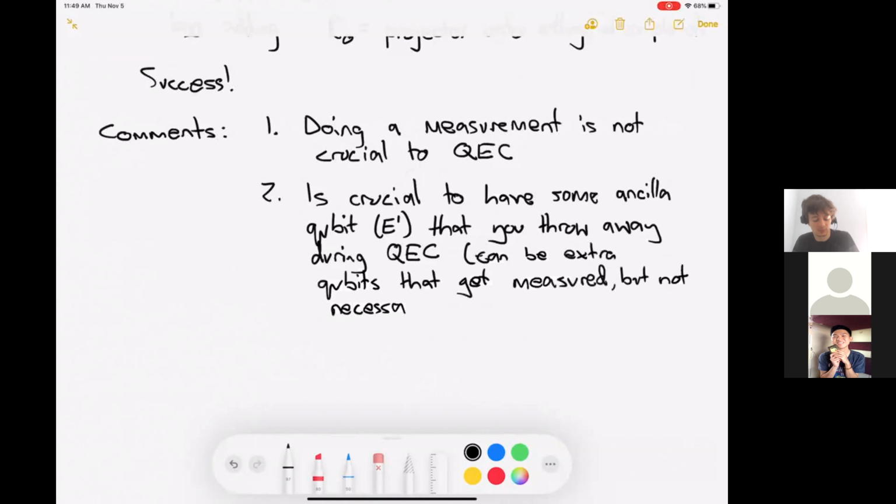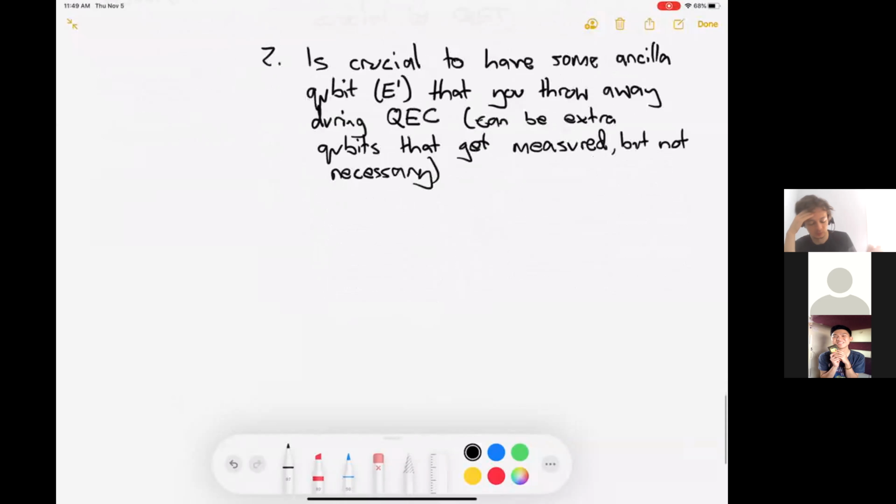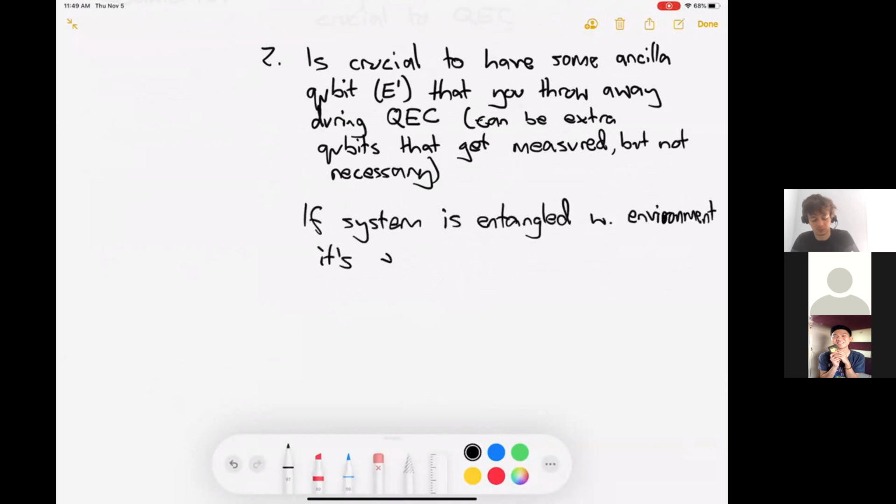The reason for that is, of course, that if the system is entangled with the environment, then its entropy goes up, right?